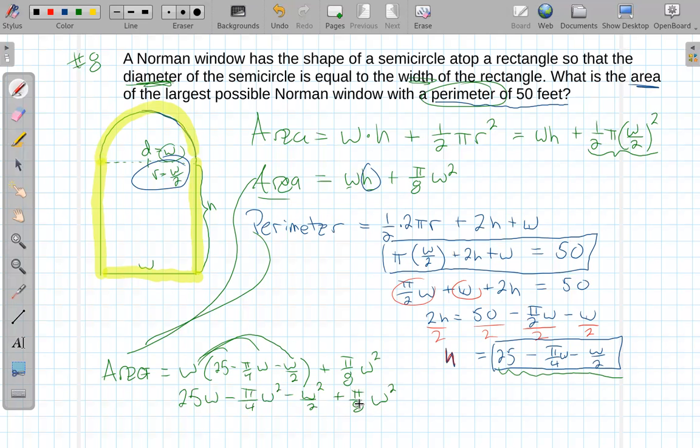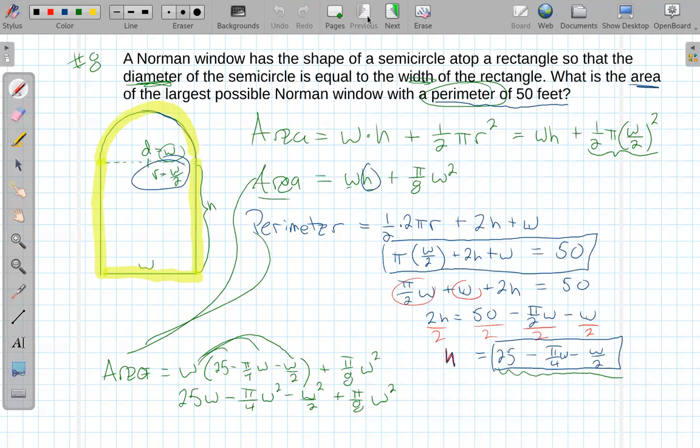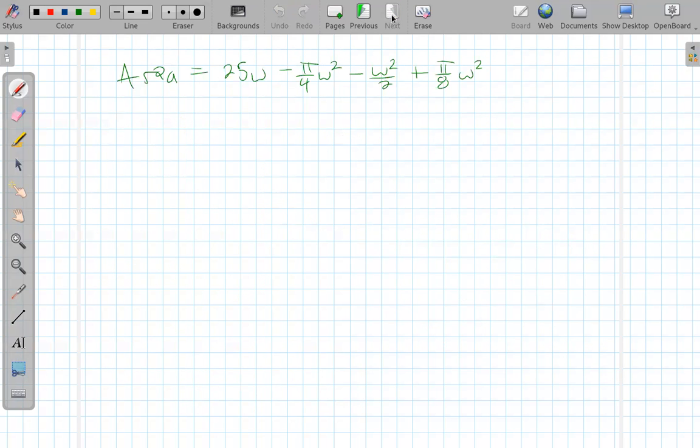Why not? All right, so take this to a new page where we have some more room. We've got the area equals 25W minus pi over 4 W squared minus W squared over 2 plus pi over 8 W squared. Did I copy that right? Looks like it. All right, and then we're going to clean up this right here.